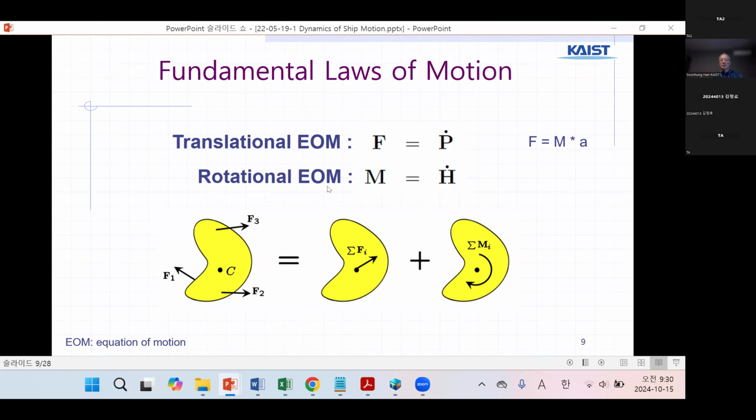And the rotational equation of motion can be simplified as M, where M is a moment, external moment, and H is the rotational velocity, and its derivative gives the rotational acceleration. The pictures show translational motion and rotational motion on the right-hand side combined to give you a 6 degree of freedom motion.